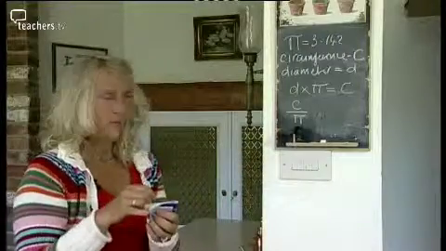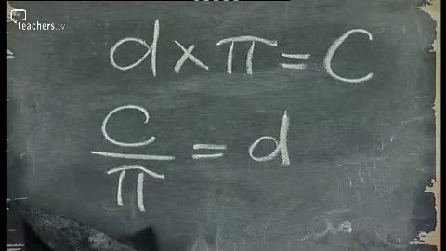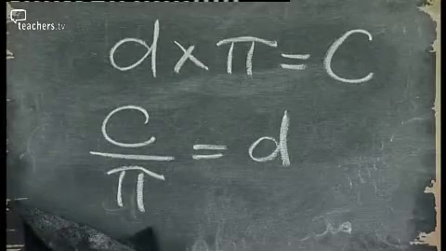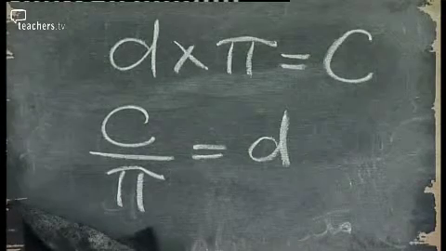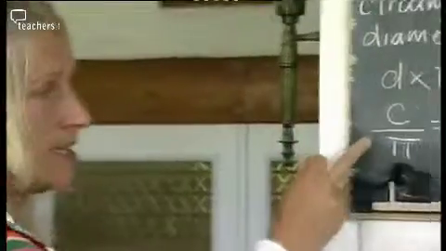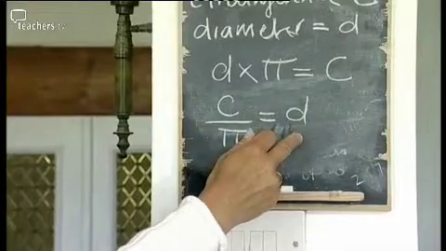And this gave me my diameter. Now we've got two ways that we can calculate either the diameter or the circumference. If I know the diameter, I can multiply it by pi, this number which is about 3, to get the circumference. If I have the circumference, I can divide it by pi to find the length of the diameter.